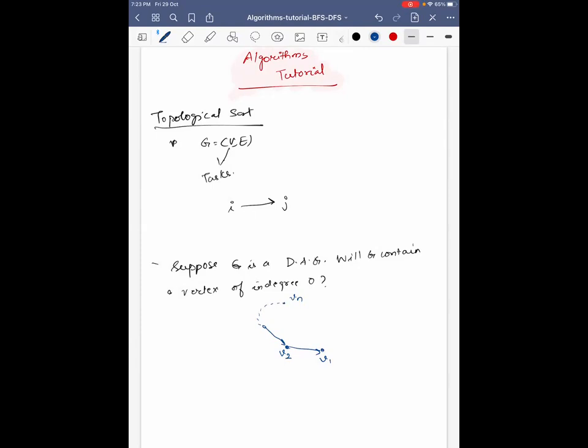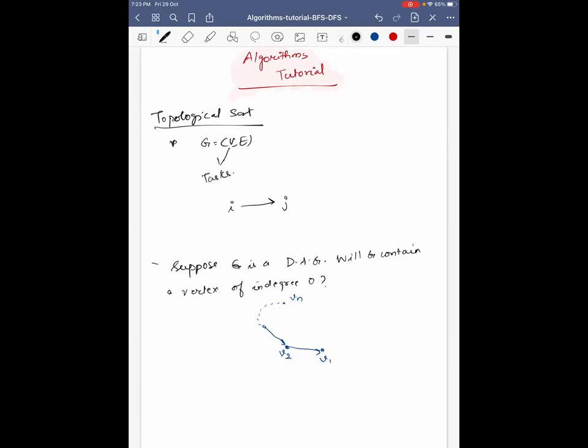So did everyone understand? Yes, sir. Okay. So let me repeat the argument. Let's assume to the contrary that every vertex has in degree at least 1. You start with any vertex, and now you simply trace a backward path starting from that vertex. So you start with V1.